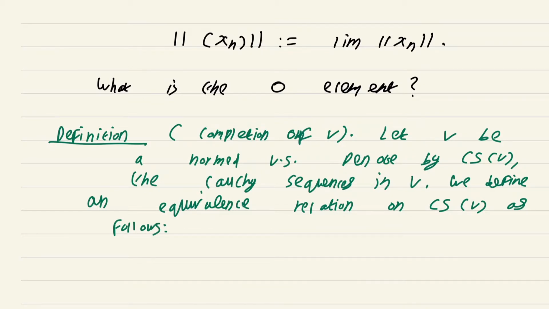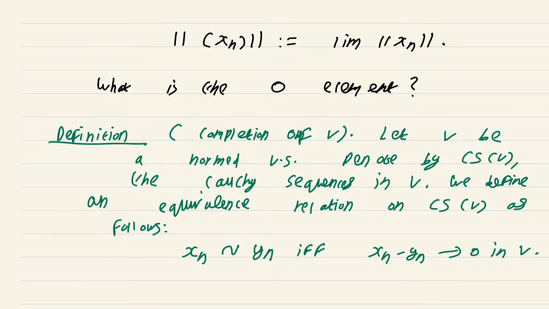The sequence xn is related to the sequence yn if and only if xn minus yn converges to 0 in V. The fact that this is an equivalence relation is utterly trivial, so I'm not even going to bother mentioning that anymore.